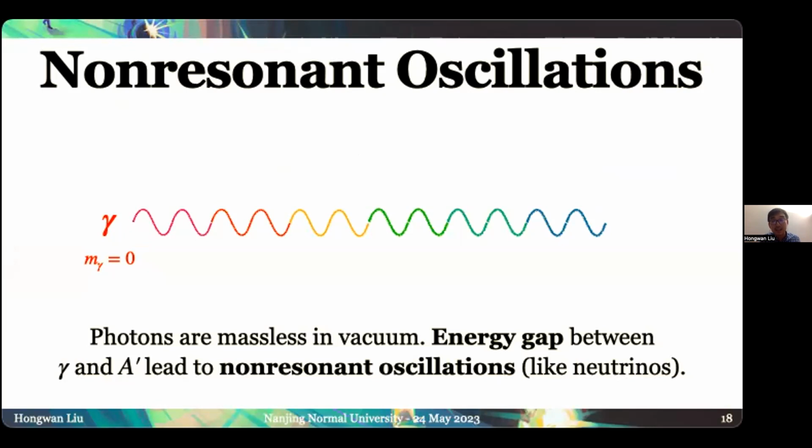And in this case, the way in which oscillations behave looks very similar to neutrinos, as I said. And it's a continuous process where the photon oscillates into dark photons and vice versa. So it's sort of like a sinusoidal kind of probability of oscillation.